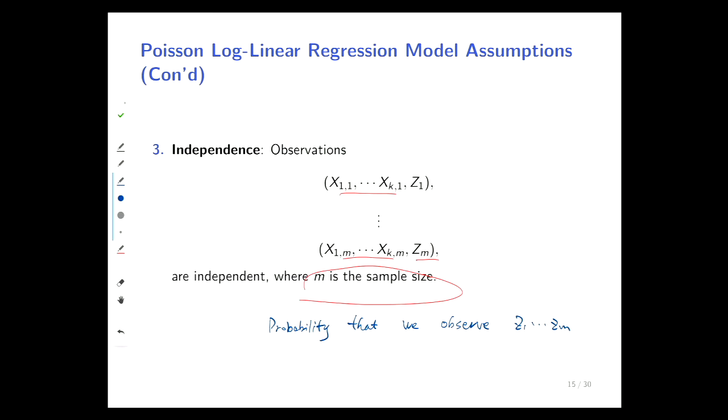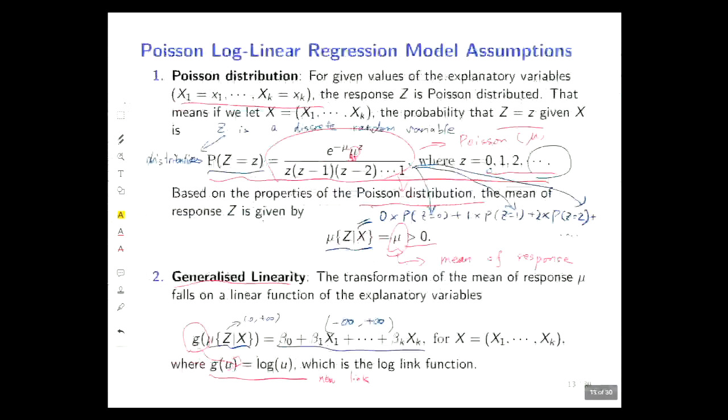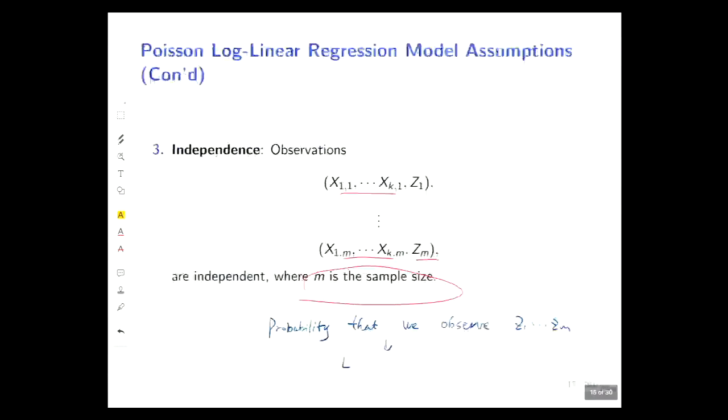By using it, we can define the likelihood function. Because the likelihood function is exactly equal to this probability, and the probability of each Z depends on the parameter mu, and the mu depends on beta 0, beta 1 until beta k, this probability depends on beta 0, beta 1 until beta k. So this is our likelihood function.